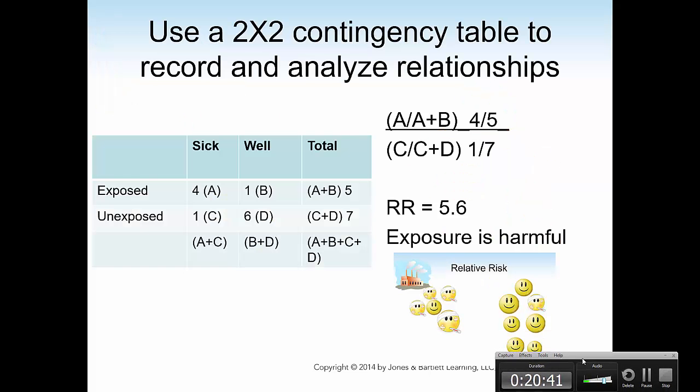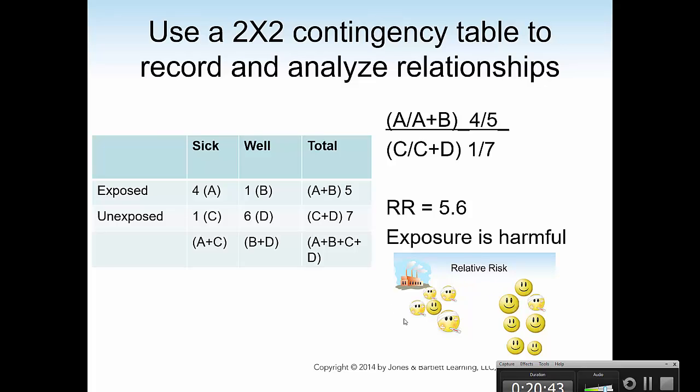Looking down here, I have those who are exposed, 1, 2, 3, 4, 5, and then I have 7 unexposed. Of my exposed, 4 of them are sick, but 1 is healthy. Over here, of my unexposed, I have 6 who are healthy, but 1 who is sick.